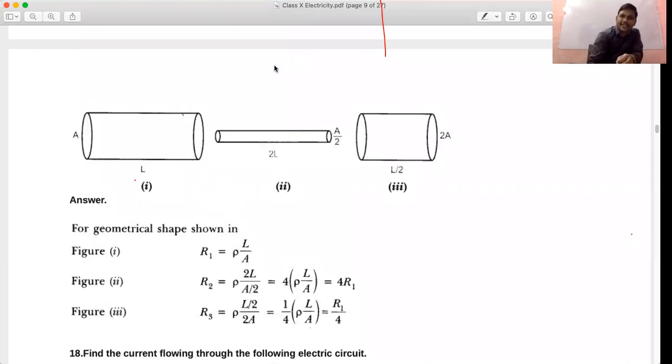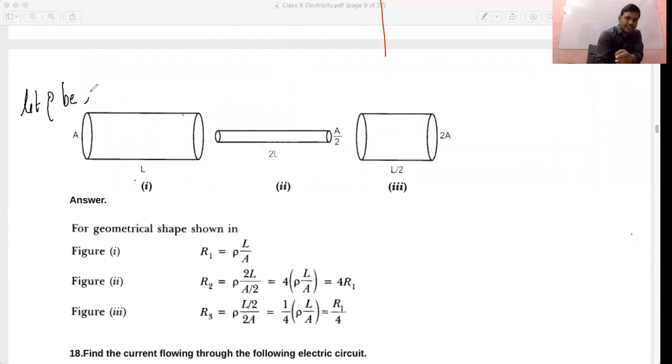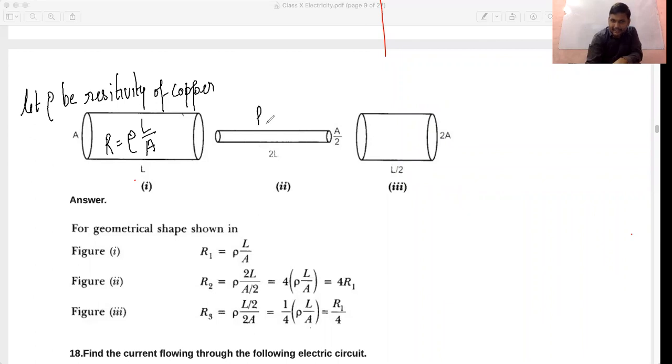So let's understand. We know the formula. Let's assume rho is the resistivity of copper. For the first case, we need to find the resistance. It will be R equals rho, the length is L, and the area of cross section is A. For the next case, the resistivity will be the same because the wire is the same.